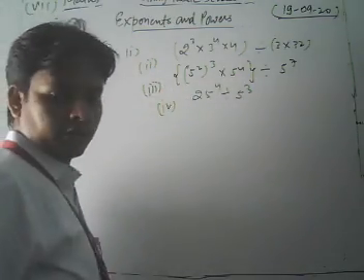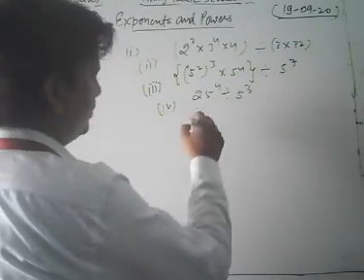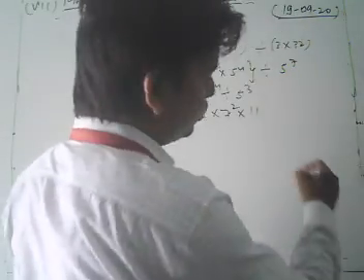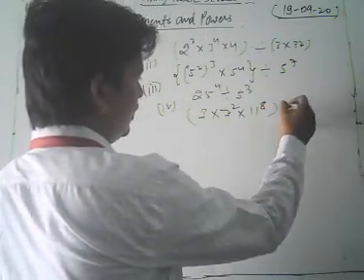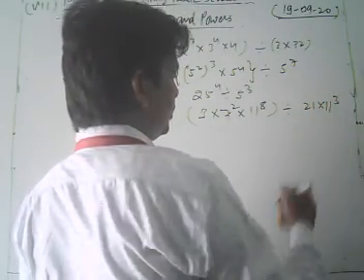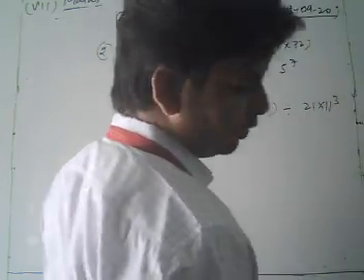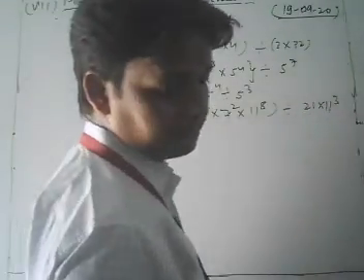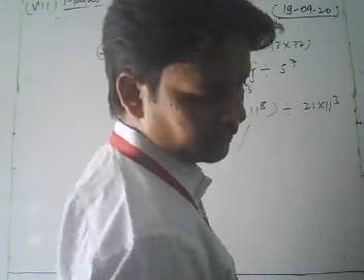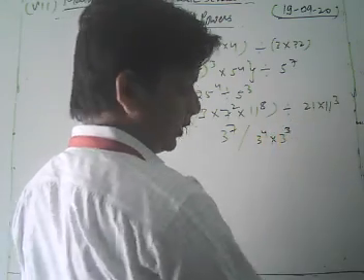The fourth part of this question is 3 into 7 square into 11 to the power 8 divided by 21 into 11 to the power 3. Now the fifth part of this question is 3 to the power 7 divided by 3 to the power 4 into 3 to the power 3.